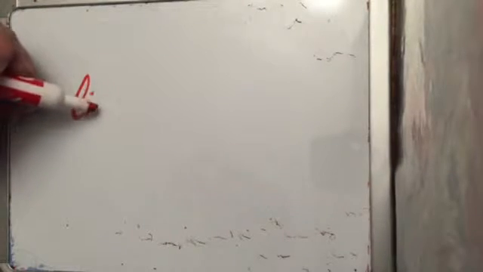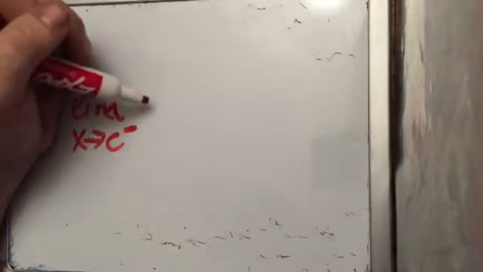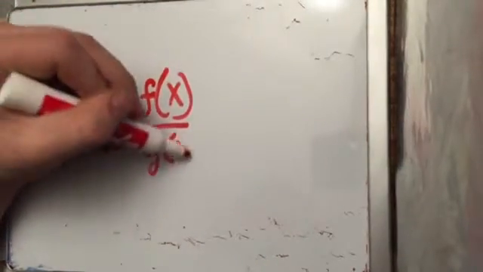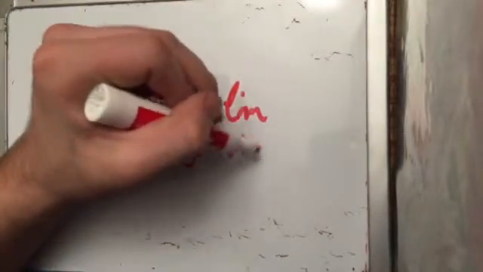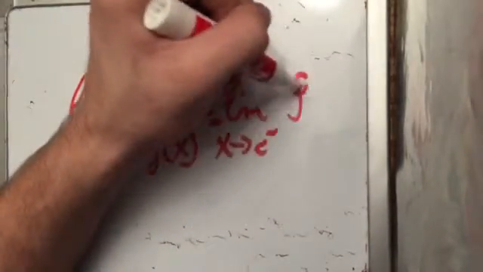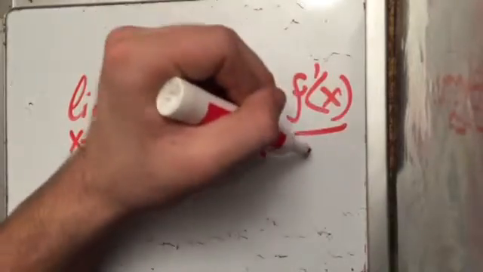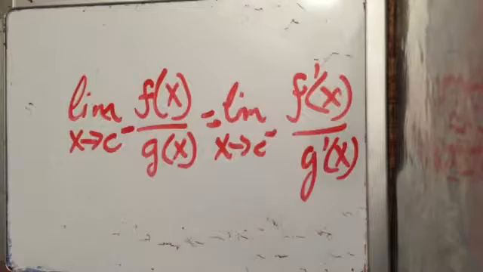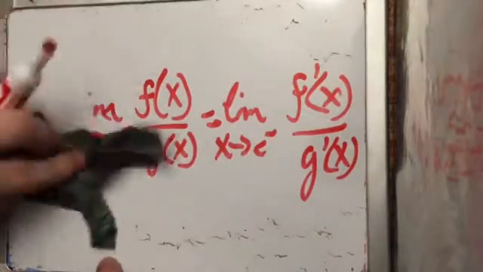That's just as simple as saying the limit as x goes to c from the left side, per se, of f of x over g of x would just equal the limit as x goes to c from the left side of the derivative of the numerator function over the derivative of the denominator function.